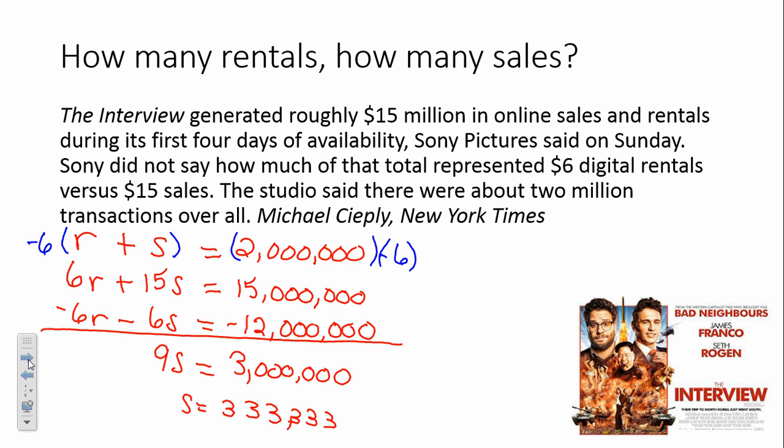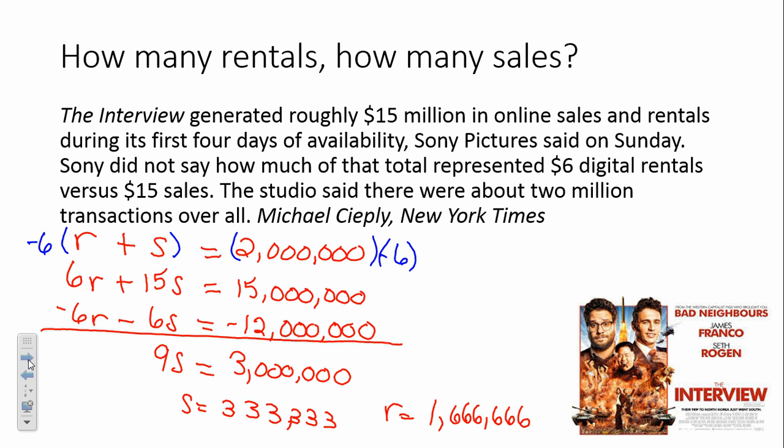2 million total. How many rentals are we going to have? It's 2 million minus 333,333. Everybody okay with that? 1,666,666.